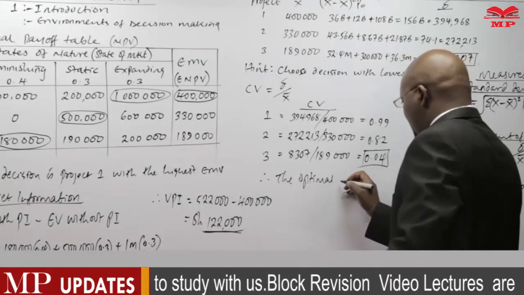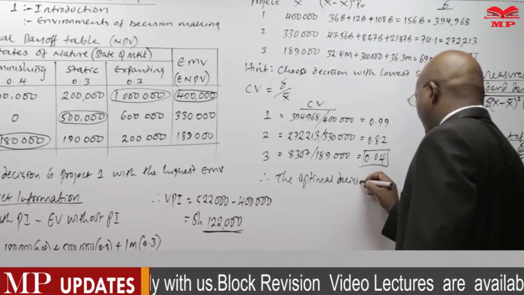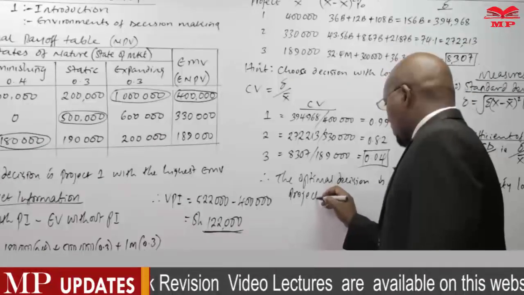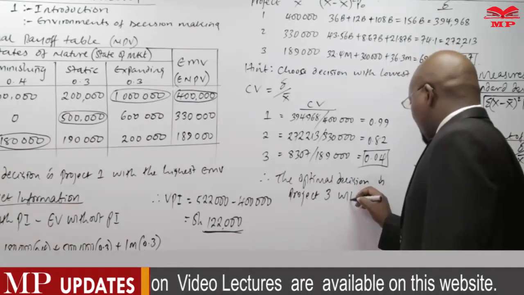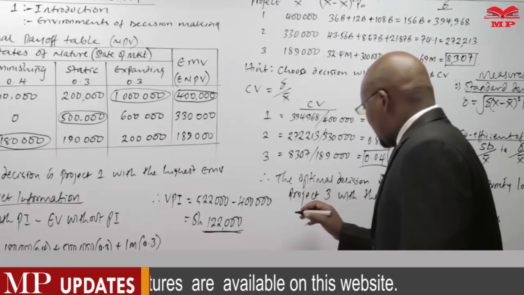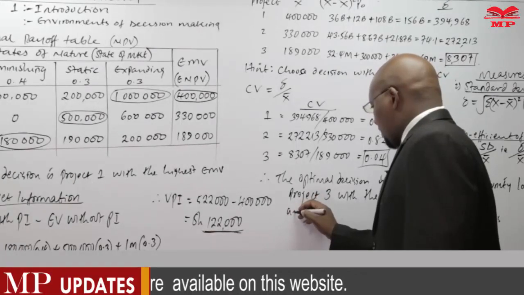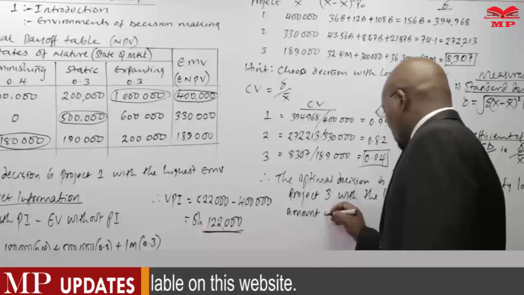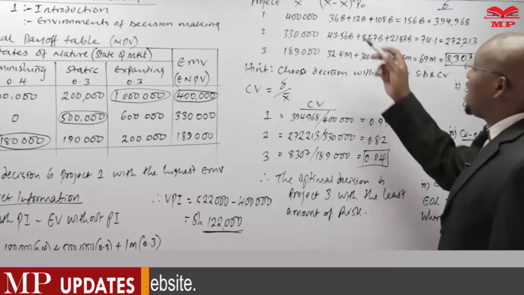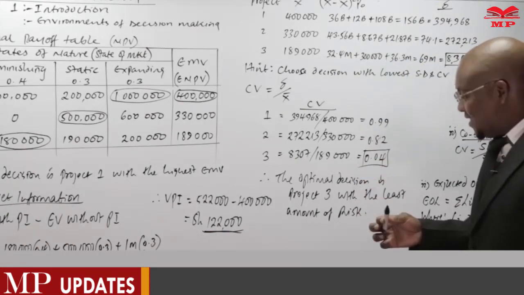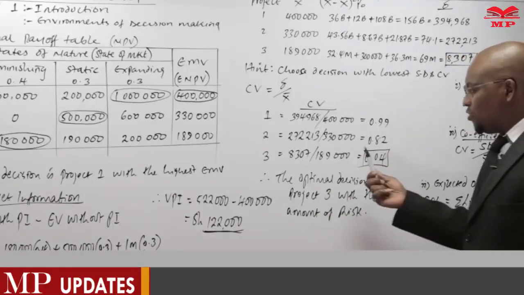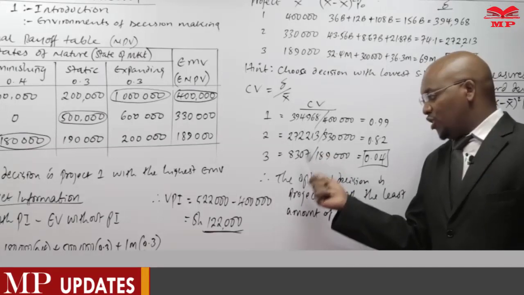The optimal decision is project 3 with the least amount of risk. Now this is for the risk averse. Anyone who would want to avoid risk would want to choose the third project.